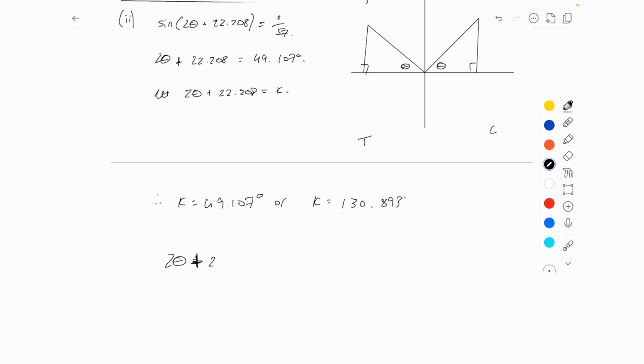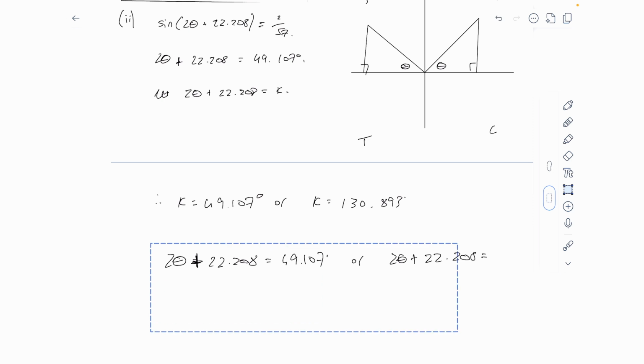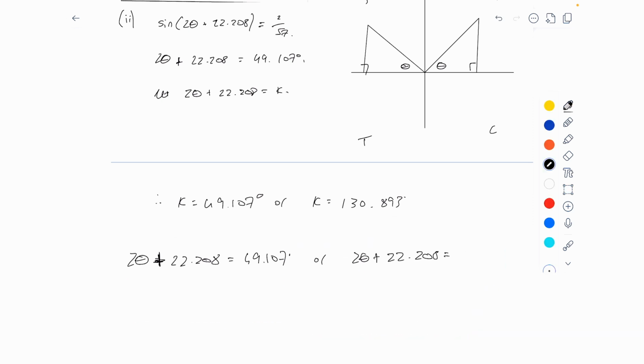That means that 2 theta is going to equal, in fact, let me work this up properly. So 2 theta plus 22.08 is going to equal 49.107, or 2 theta plus 22.08 is going to equal 130.893.